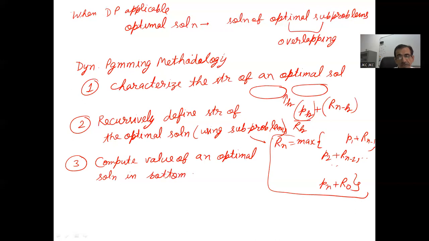That fashion you have to use, on a bottom-up basis, and then you will be able to calculate one optimal solution. For example, I said that Rj is to be calculated using some Pi plus Rj minus i, and this I could easily solve. And then maybe I have to repeat.